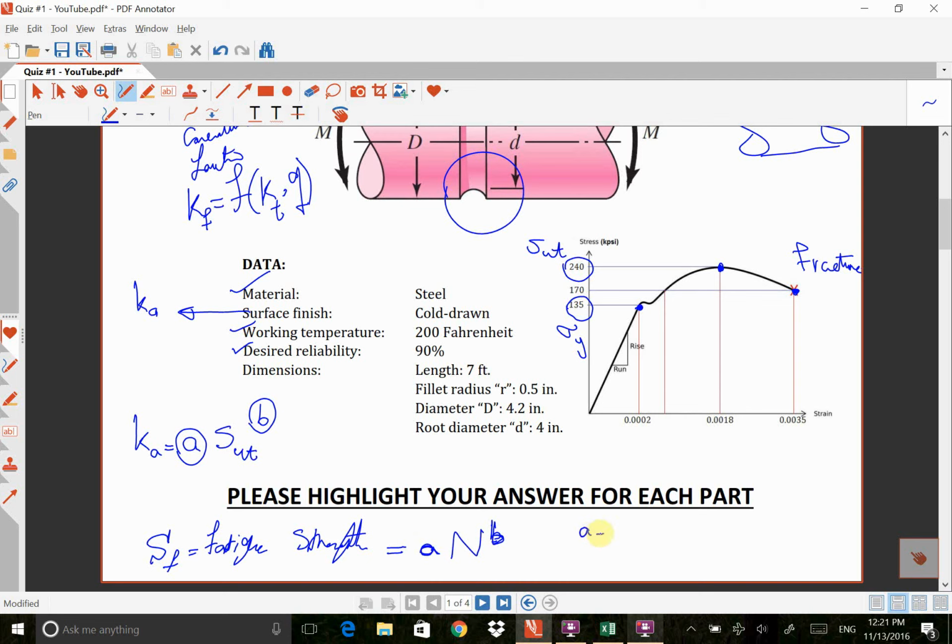Here, A can be found from F times SUT, the whole to the power of 2, divided by SE, and B is minus 1 over 3 log of F times SUT divided by SE, log of the whole thing. Okay, and this is N, and this is not SUT, that's a number of cycles.